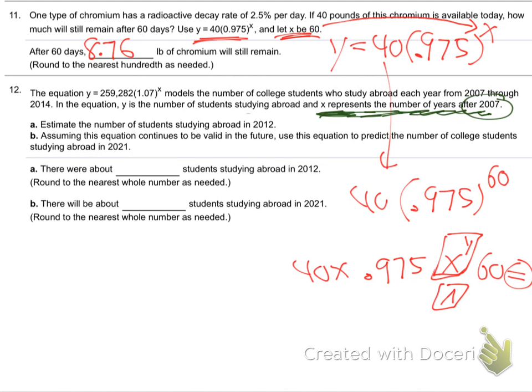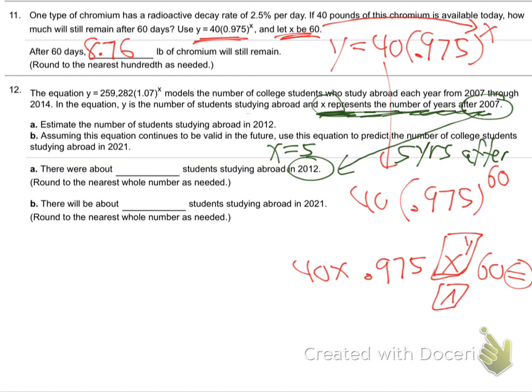So then in part A, when they ask you about the year 2012, yeah, that's 5 years after 2007, huh? 5 years after. So that means plug in X equals 5, because X is the years after 2007.